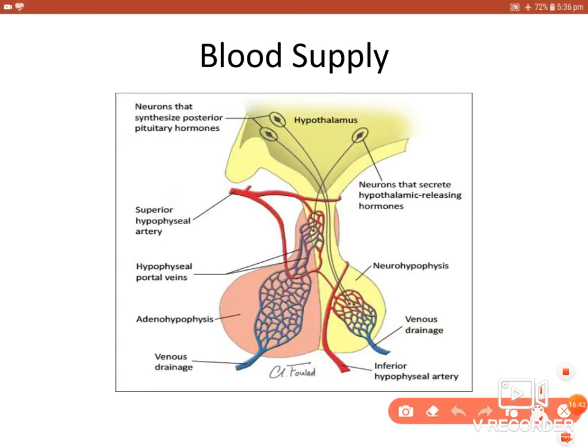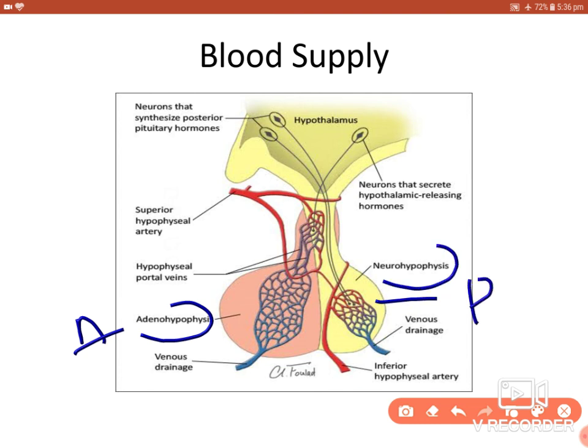Then the blood supply. Here is the anterior lobe, the adenohypophysis, and the posterior lobe, the neurohypophysis. See the superior hypophyseal artery. Posteriorly, this is the inferior hypophyseal artery. There is only one inferior hypophyseal artery, but there are more than two superior hypophyseal arteries.